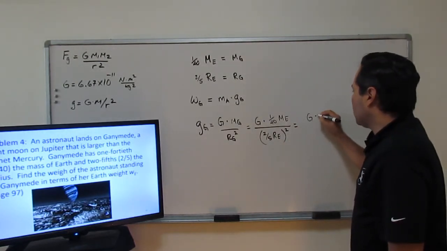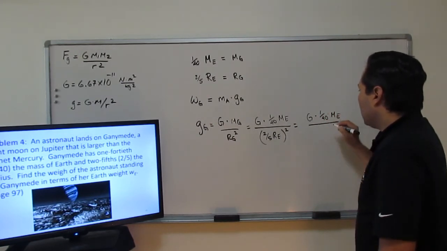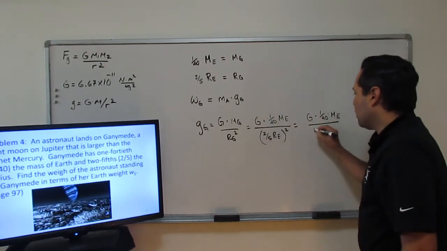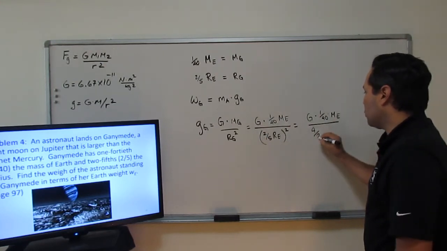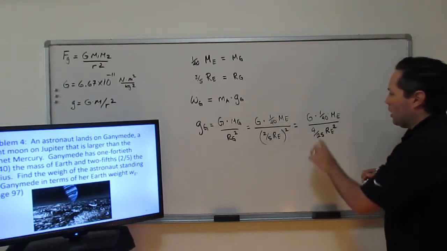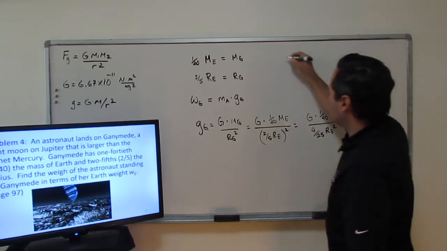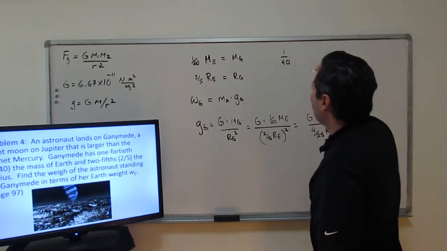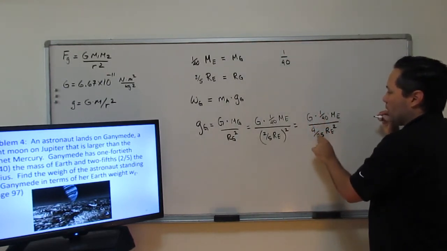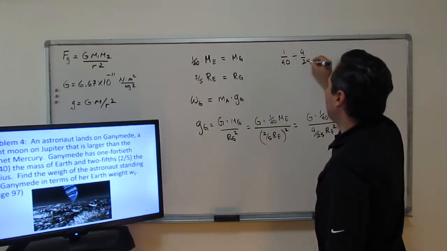The top will stay the same, 1 over 40 times Me; over, 2 squared is a 4, 5 squared is a 25, the radius of the Earth squared. I want to pull out the fractions and divide them separately so it's easier to visualize. So it'll be 1 over 40 divided by 4 over 25.